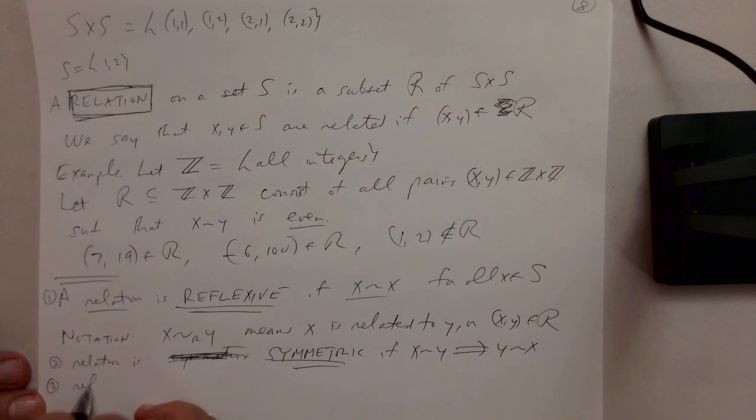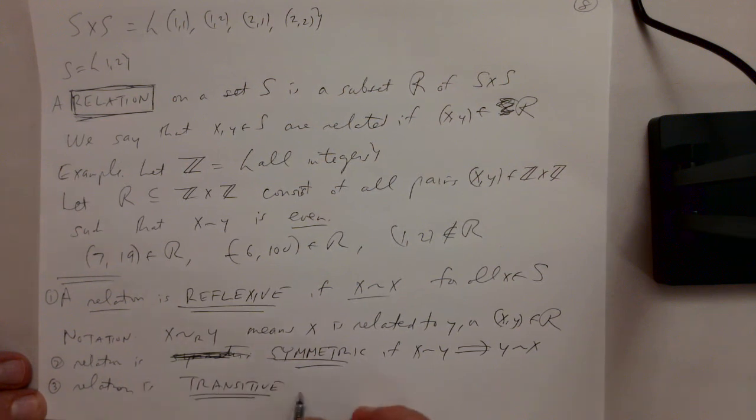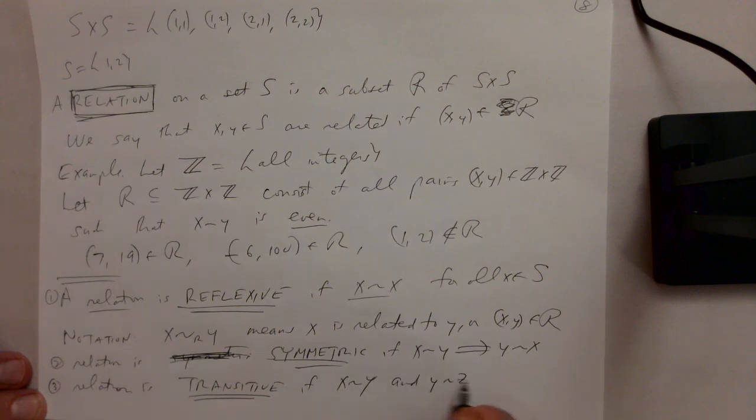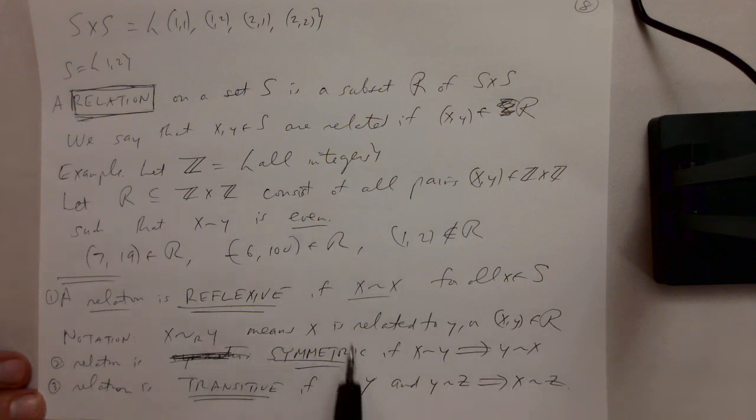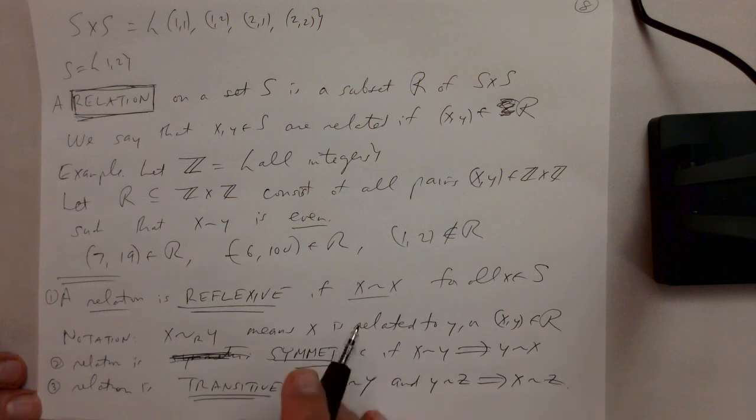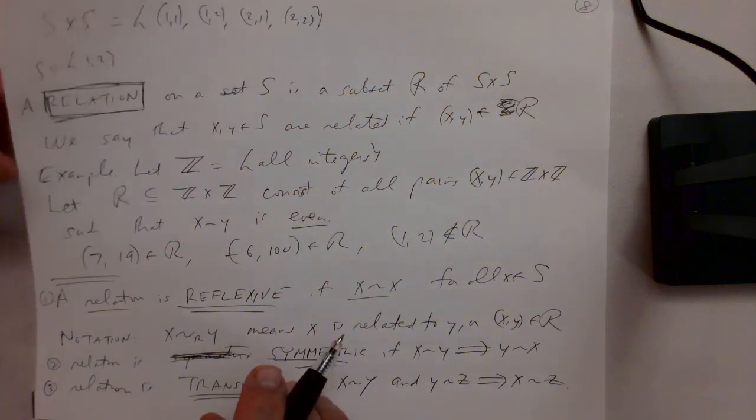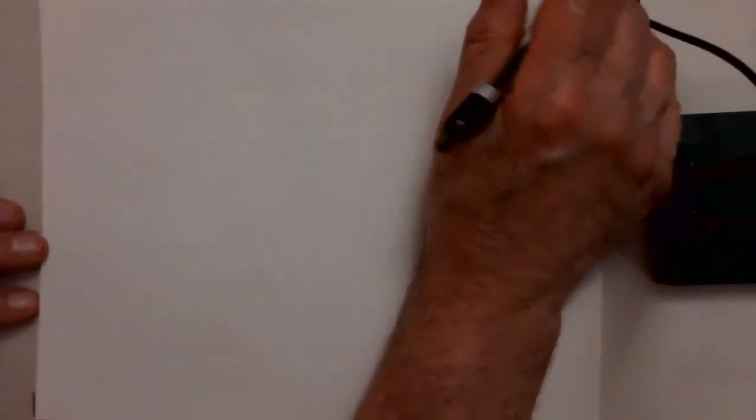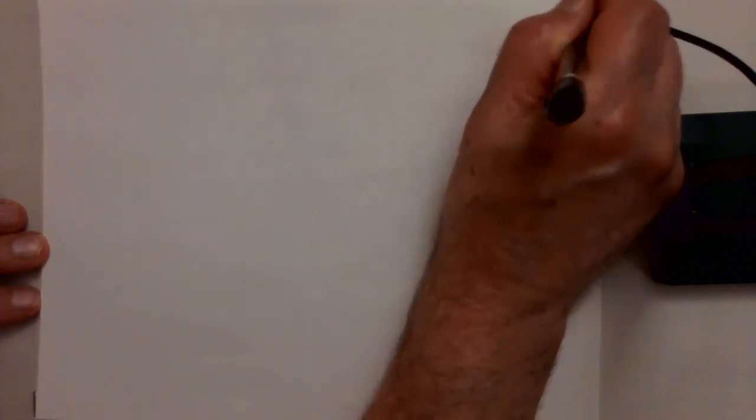And finally, we say a relation is transitive if whenever x is related to y and y is related to z, that implies that x is related to z. So some relations are reflexive, some are symmetric, some are transitive, some have two of these properties but not the third, and sometimes a relation has all of these properties. And that is a very important kind of relation.